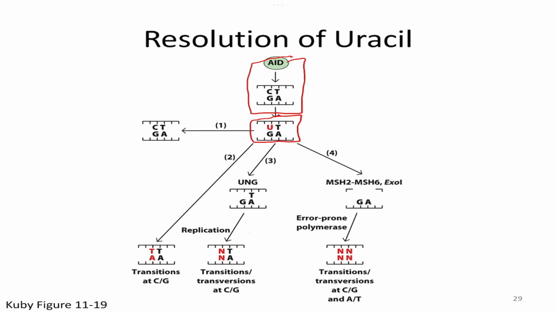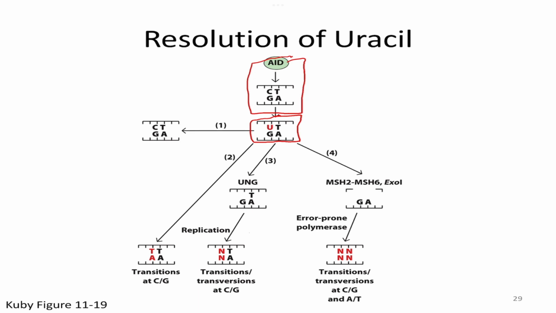And you can see that here. And this is really bad because there's not supposed to be uracil in DNA. It's also really bad because the uracil is paired with a G, because originally this was a CG base pair. So now you have a UG base pair.